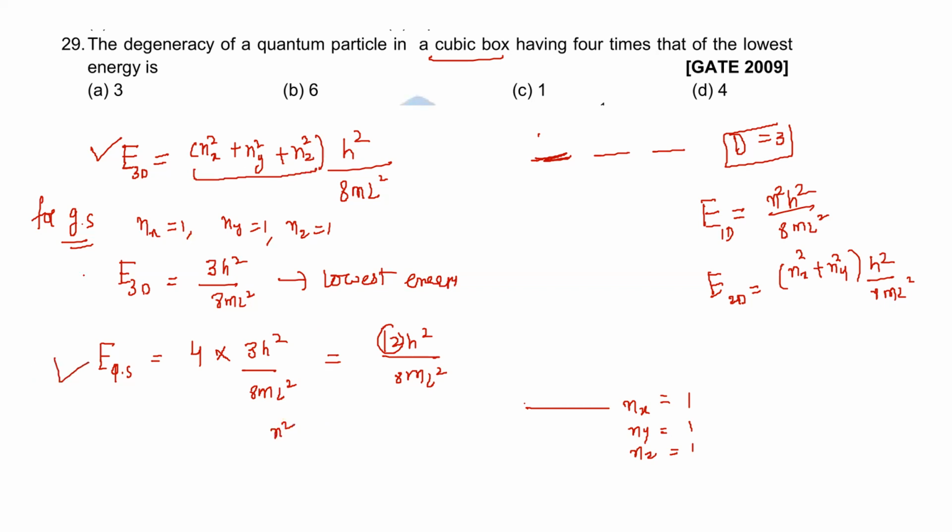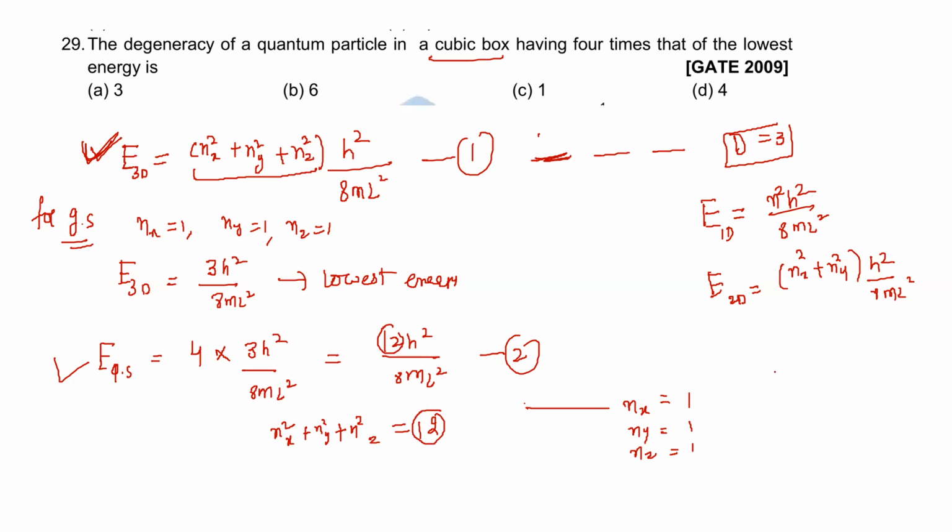If you compare equation 1 with equation 2, you will see that the sum of n_x², n_y², n_z² is 12. So we need to find the possible combination of n_x, n_y, and n_z such that the sum of the squares of these numbers gives you 12.